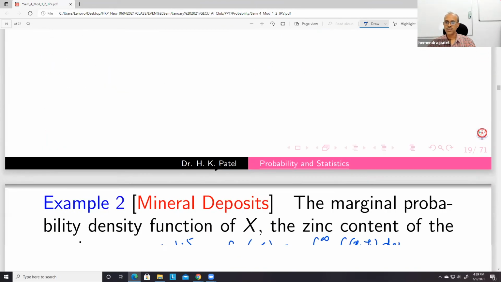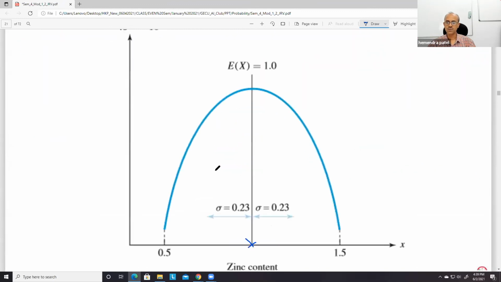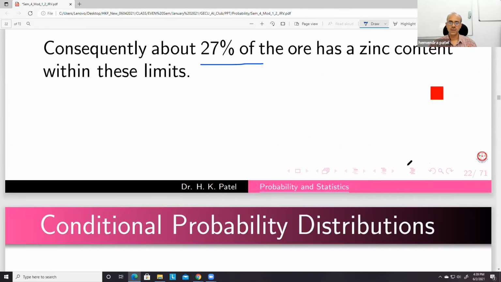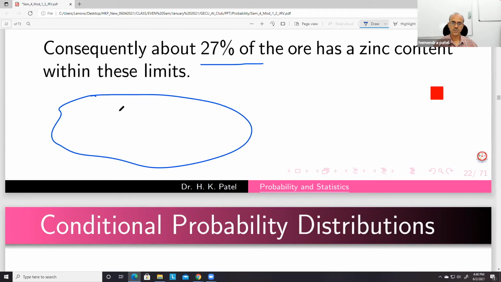So meanwhile, let us move forward. Conditional probability distribution. Now conditional we have seen, if you remember, that this is the picture there actually. So we have sample space and then two events. Suppose this is my condition B and this is A, this is sample space.